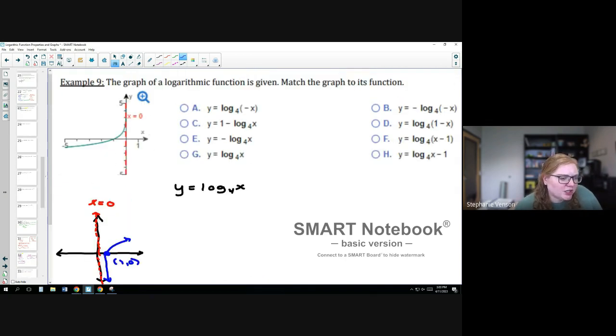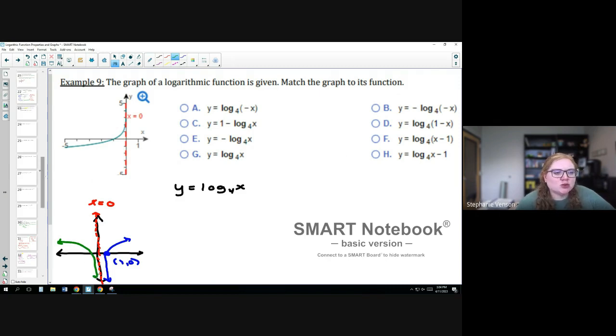And my question is, what happens to this function here? So how did this function become this function? And in my opinion, I think it was reflected twice. I think it was reflected over the y-axis, and then it was also reflected over the x-axis. Because if I only went over the y-axis, it would look like that, right?